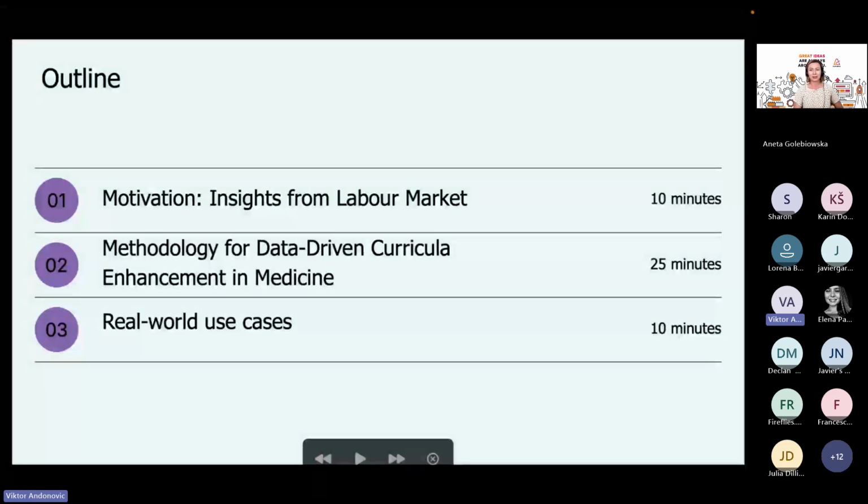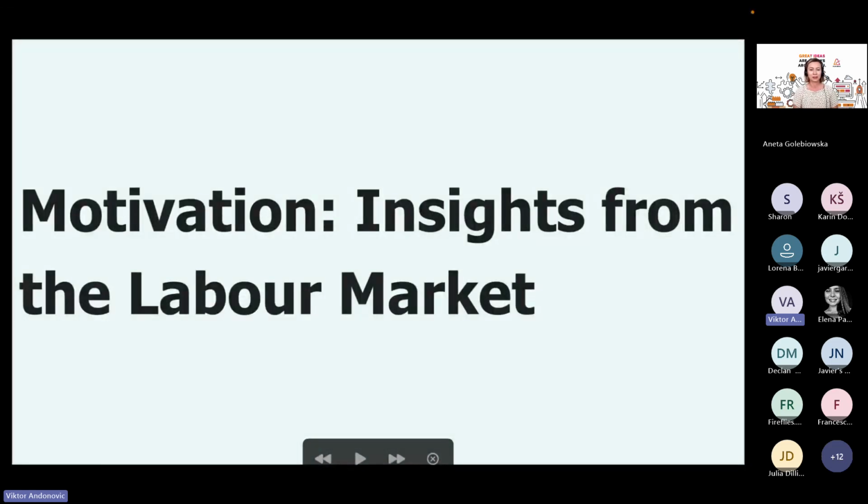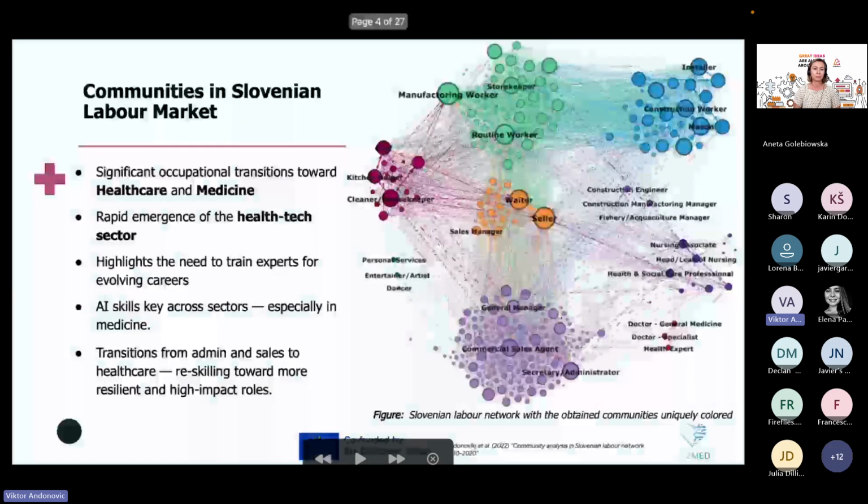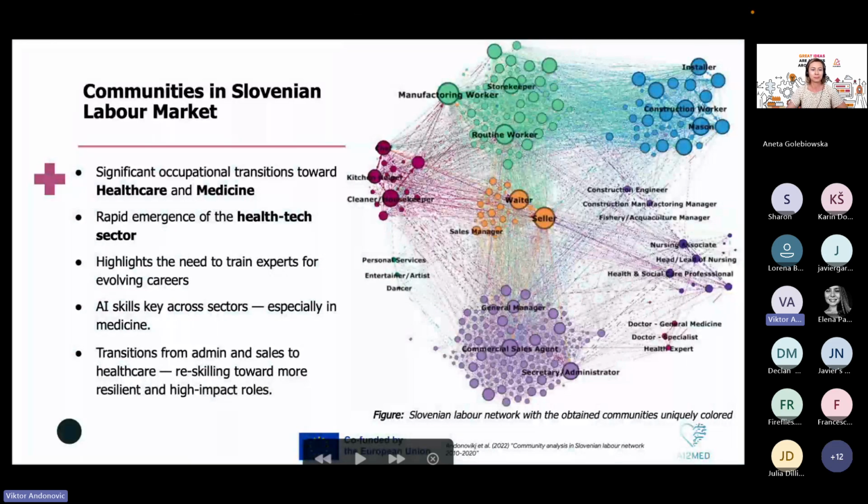So I'm going to start with the motivation and the insights from the labor market, and for that, I have this picture on the right. The idea for this research started a couple of years ago when we did a study of the labor market in Slovenia.